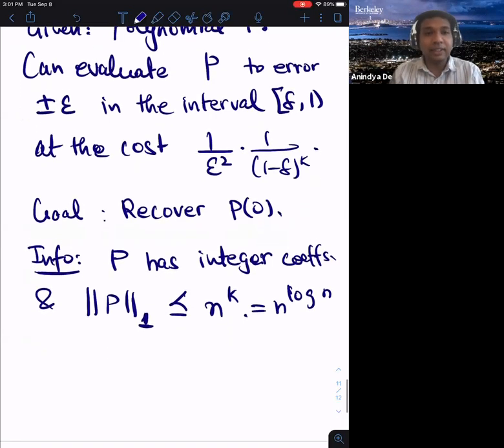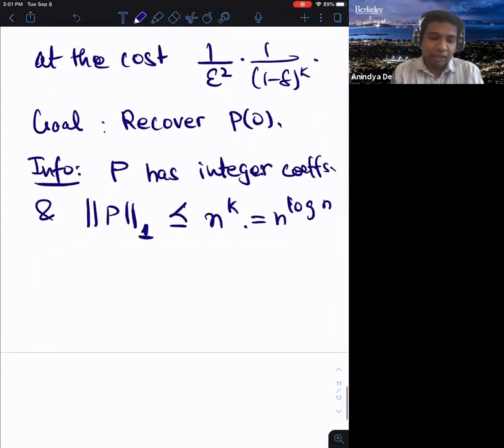And the answer turns out to be, so this is the main claim. You can subtract these two polynomials. This is the main technical claim.